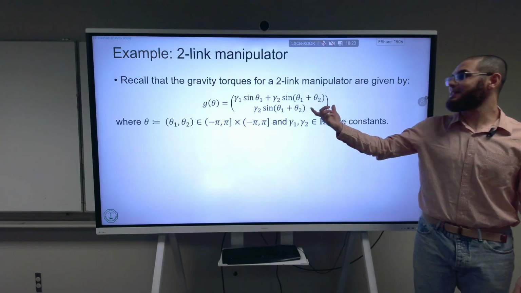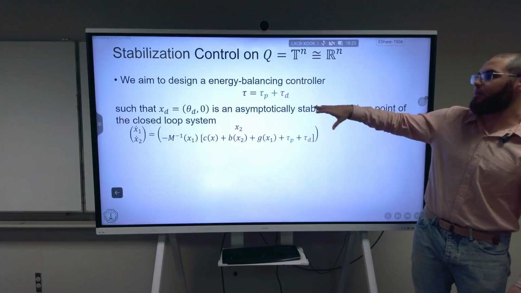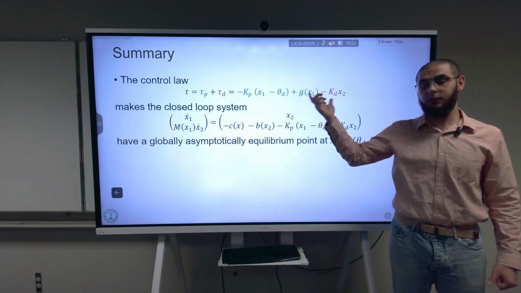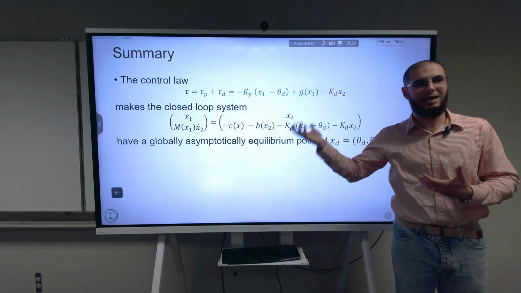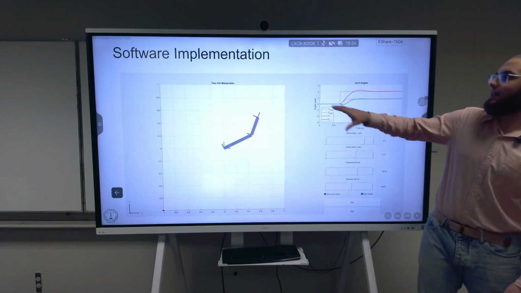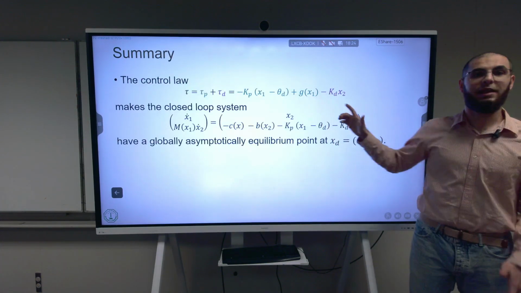So the bottom line is that just knowing the G, putting it in the controller, from a stability, from an analysis point of view is no big deal. When I go to the implementation, I need to know exactly what the gravity looks like. So the bottom line is that we already used some compensation of the system dynamics here.